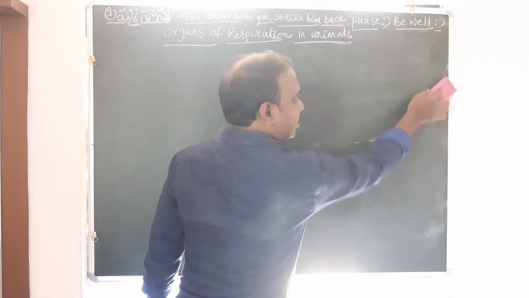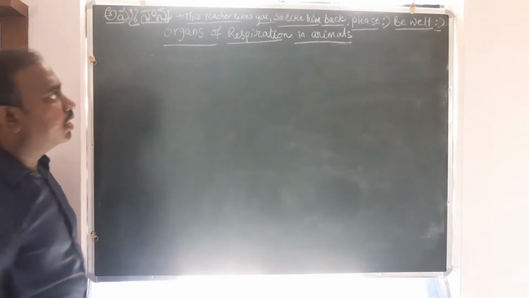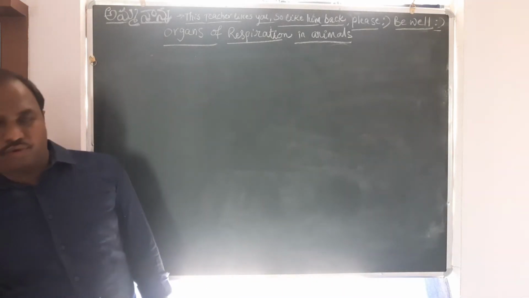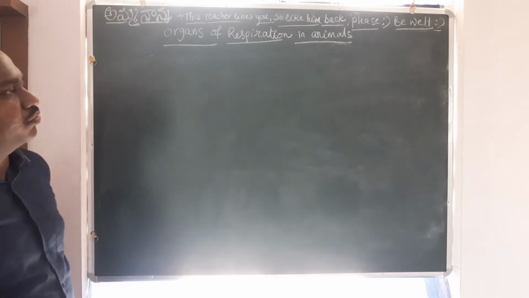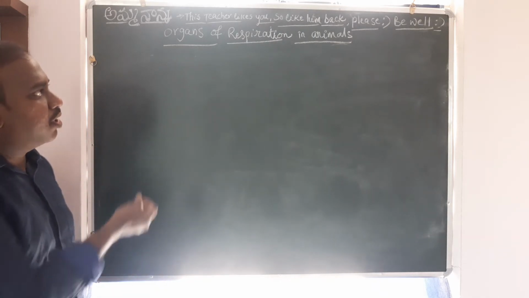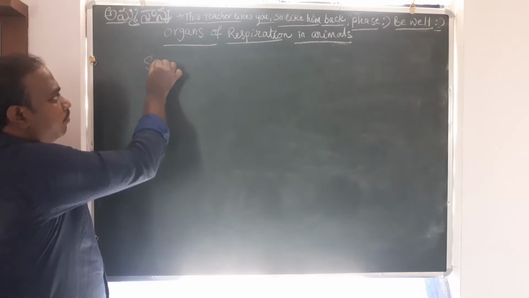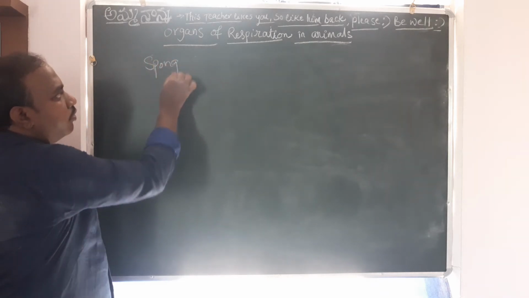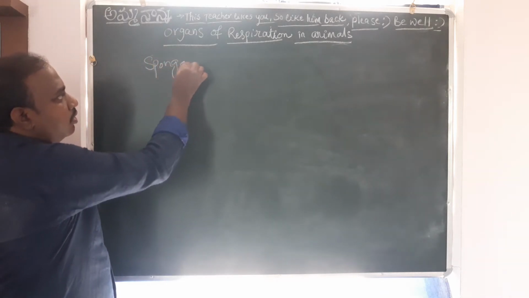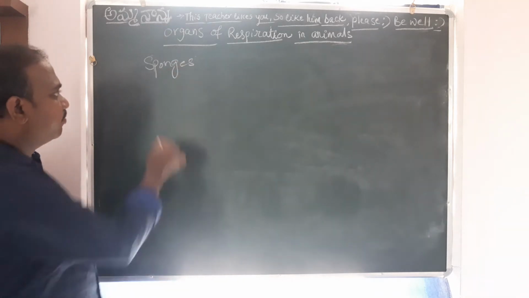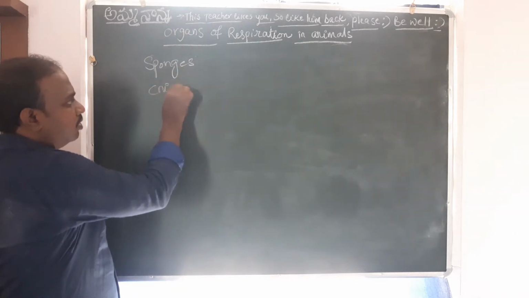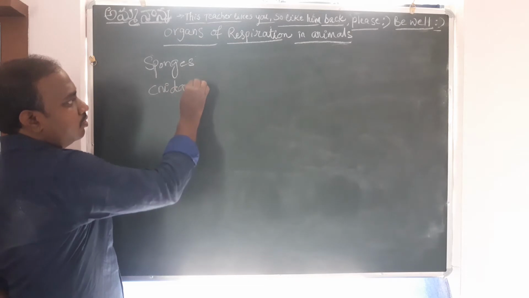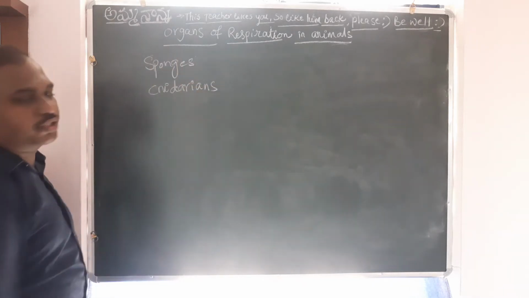So different kinds of organs are present in the animal world. If you see, we start the animal kingdom with the sponges or the poriferans. Then come the cnidarians.